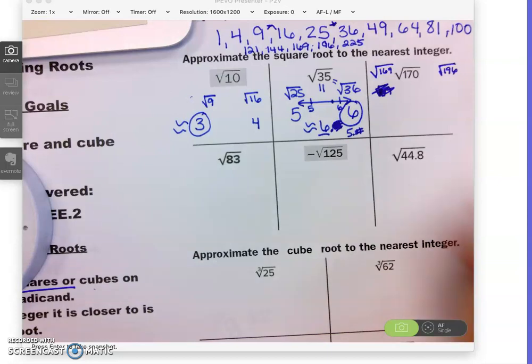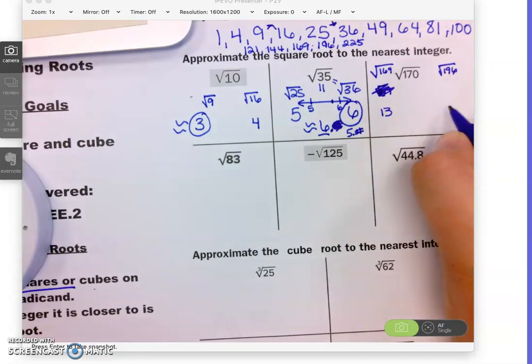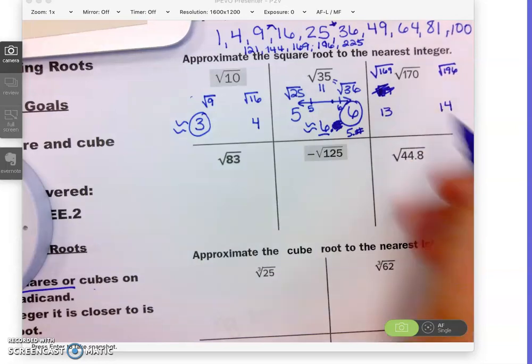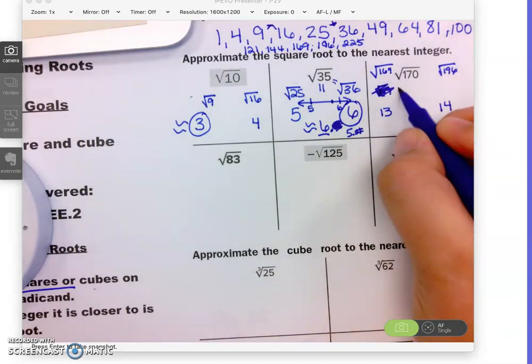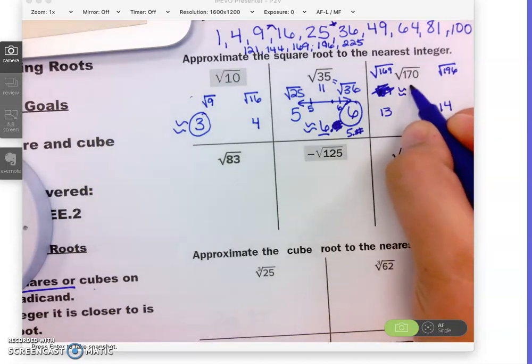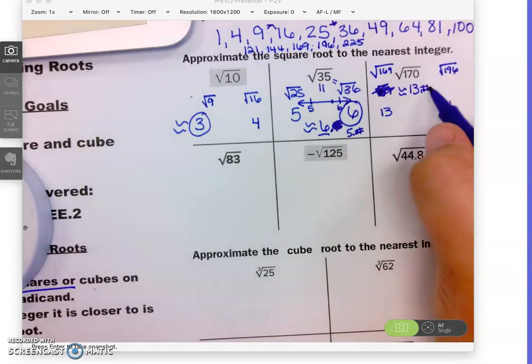Square root of 169 is 13. Square root of 196 is 14. So the square root of 170 is going to be pretty close to the square root of 169, which is 13. So my number is approximately 13. And sometimes I'll do this, showing that I should have some numbers after here.